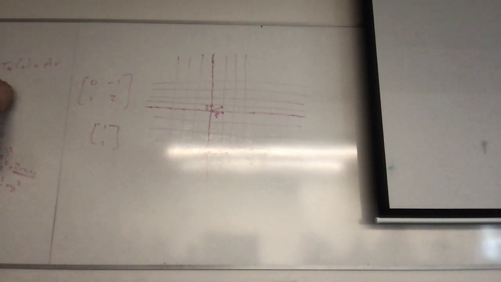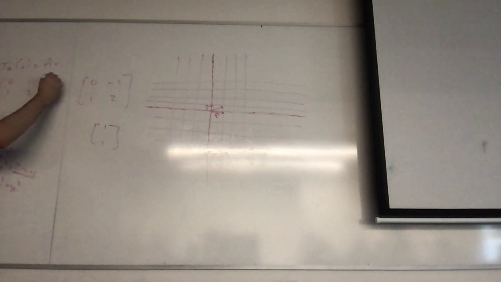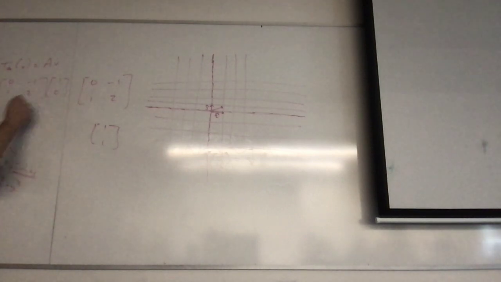So if we do, well, maybe I'll write it out, this matrix A times i hat, which is 1, 0, what do we get? Anyone know? Not quite.